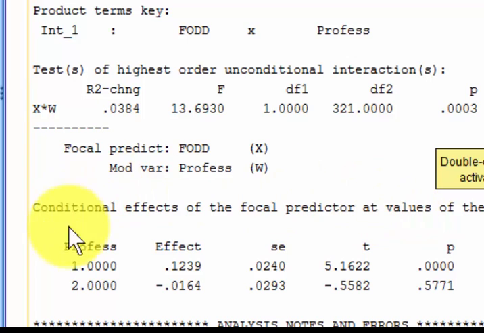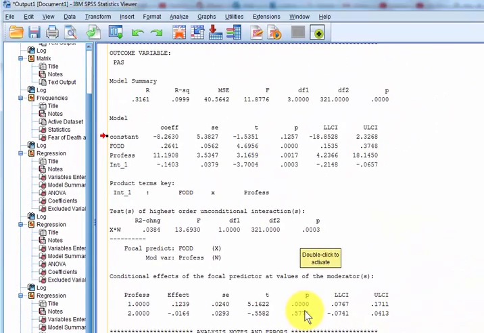But when I added in the mental, it was not significant. So we got it. This is the answer. Profession is acting as a moderator between FOD and PAS. The short answer is that only the medical professionals have a significant relationship between those two variables, and the mental professionals do not.